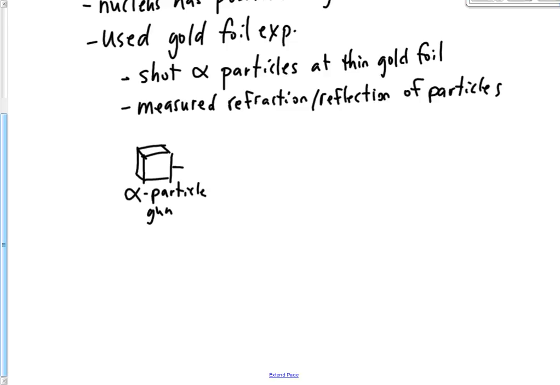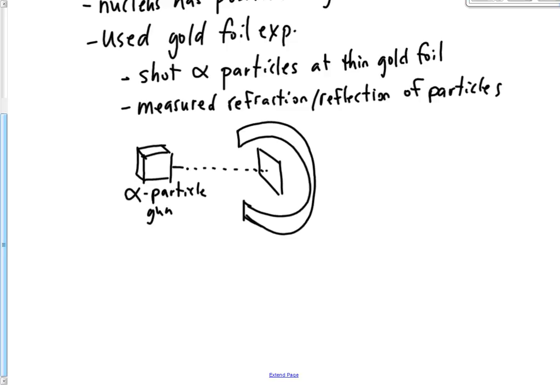So he shot alpha particles out. And then he had his gold foil, okay? And then around that gold foil, he had just a nice little barrier around it. And I know that's not the best drawing, but whatever.